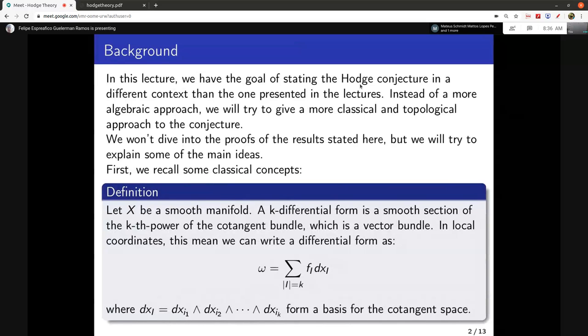So, in this lecture, we are going to present the Hodge conjecture, but we won't prove much of the results we are going to use. The idea here is to give the main ideas of how we can state the conjecture, what are the concepts involved, and the main theorems.